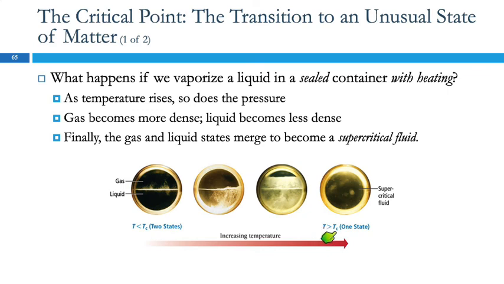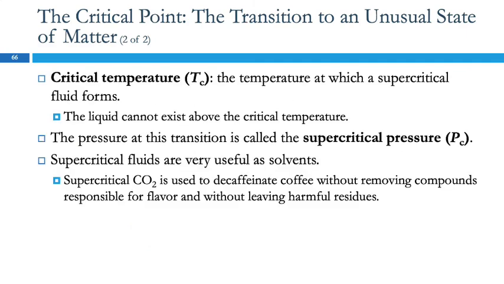That can only happen above a critical temperature. So Tc, critical temperature, is the temperature at which a supercritical fluid forms. Above that temperature, you cannot have a liquid. The pressure that you have at that temperature is called the supercritical pressure.